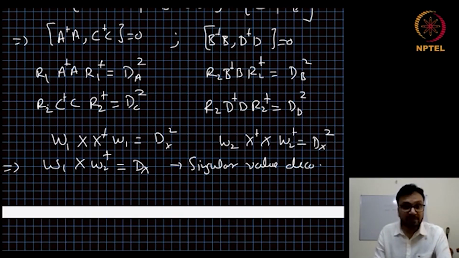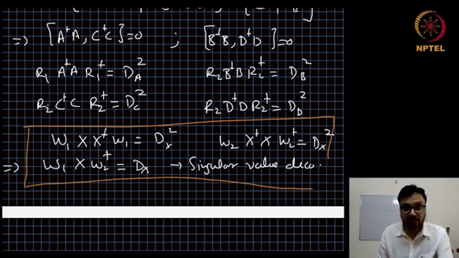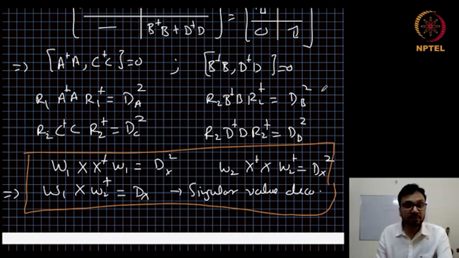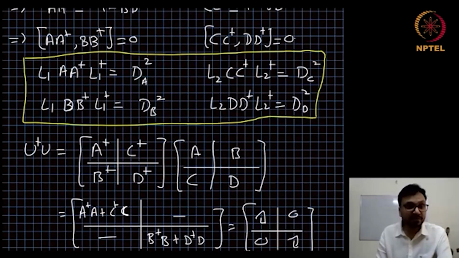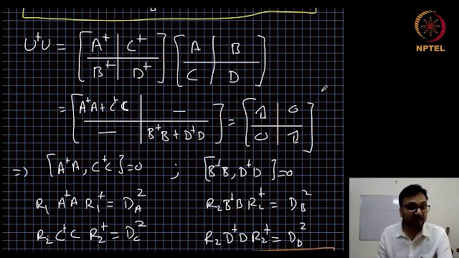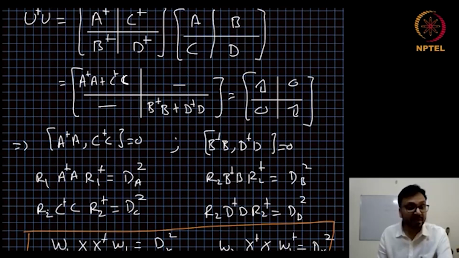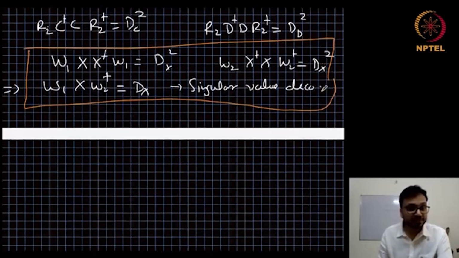So why are we mentioning this? Because from our analysis so far, we have L1 which diagonalizes A A dagger and we have R1 which diagonalizes A dagger A. So it means we have L1 A R1 dagger to be dA.